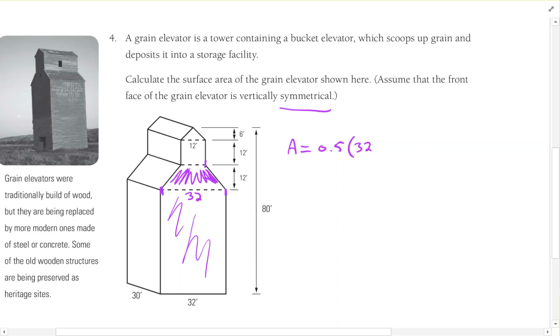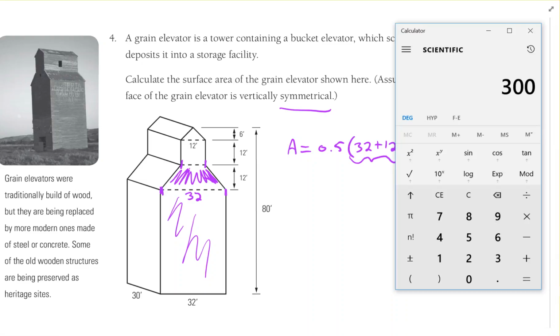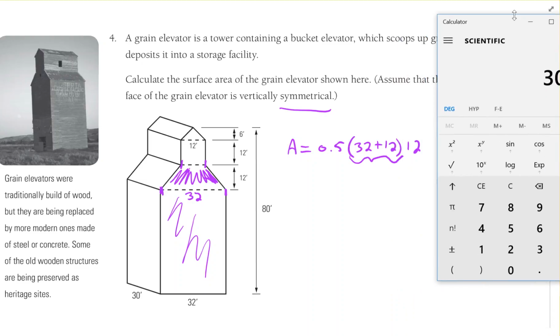And then my A value is 12, because that's got to be the same as that. So 32 plus 12, and then times my height. The height of that trapezoid is 12. The only thing I'd recommend doing first is putting this part into your calculator first and then rewriting it, because your order of operations in your calculator might get messed up if you don't do that.